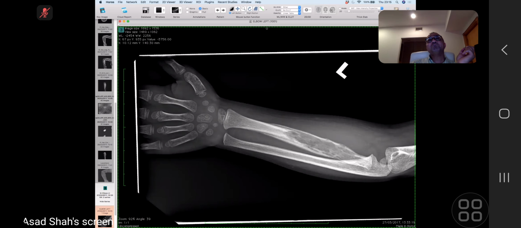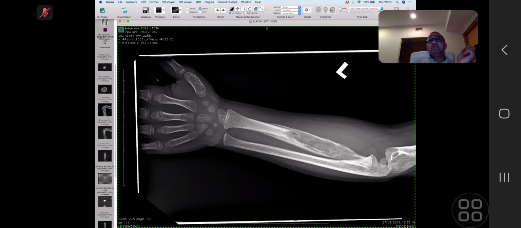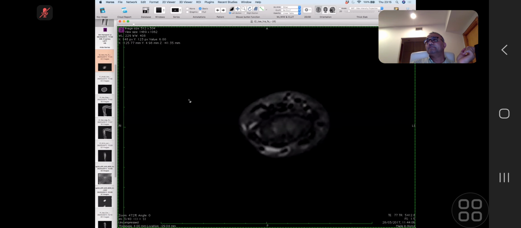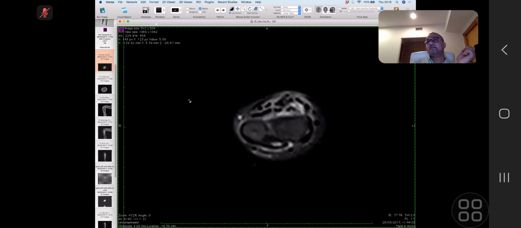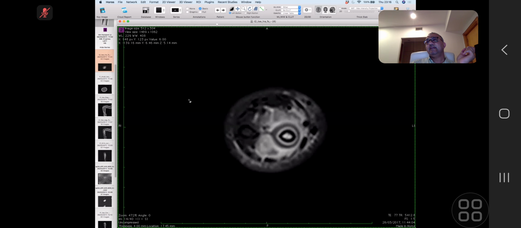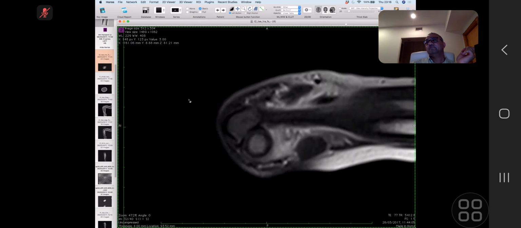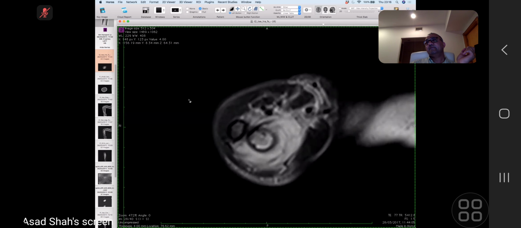Okay, all right. So the patient had an MRI. Let me show you the axial, and I'm going to make it bigger, starting from the wrist and going proximally. That's the elbow joint, distal biceps tendon.